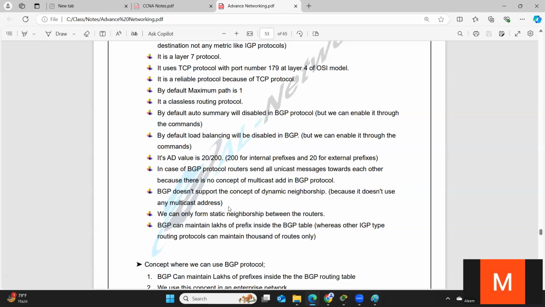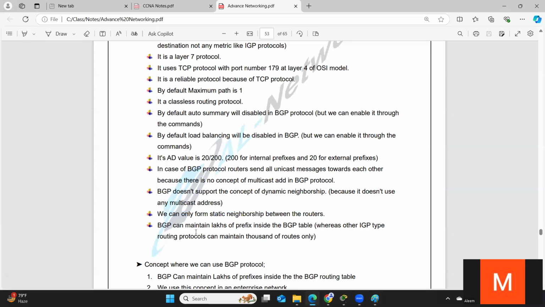That is the reason we have to statically enable it. We have to statically inform my neighbor, you are my neighbor. So we can form only static neighborship between the routers.